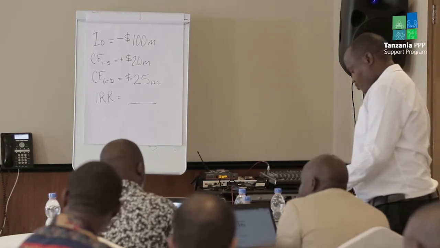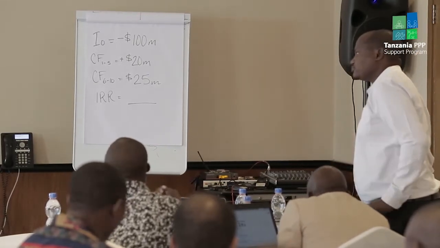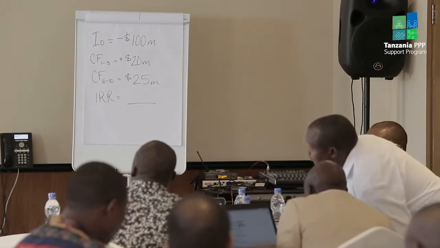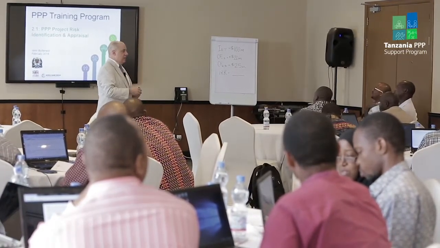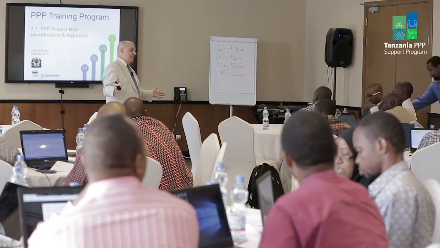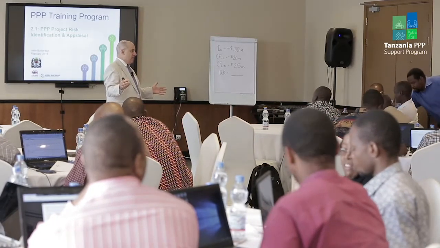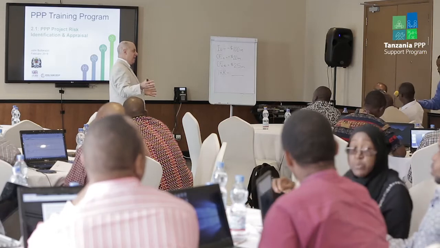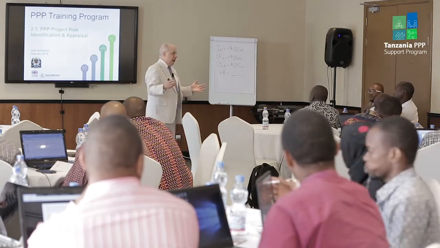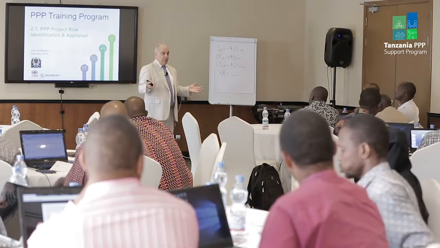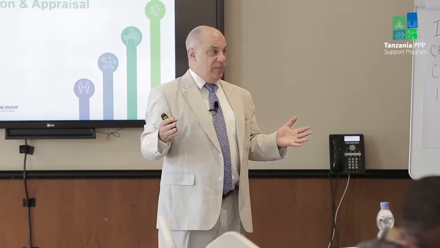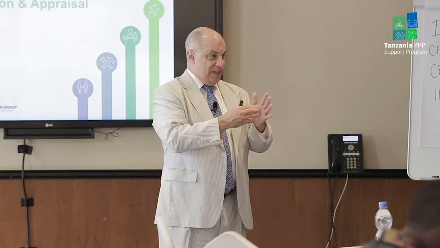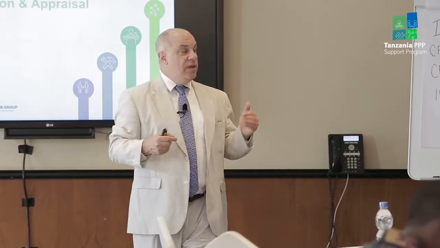The discount rate is used to calculate net present value, and it is sometimes in the eye of the beholder who's using it. If you're doing your financial analysis, you should probably use the private sector's discount rate to see if it's going to be bankable for them.